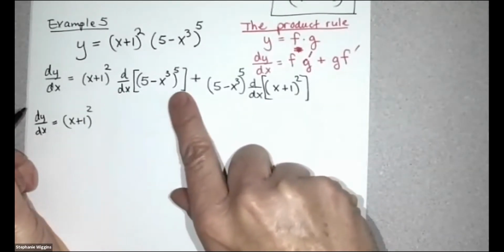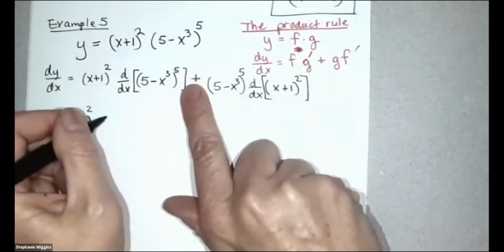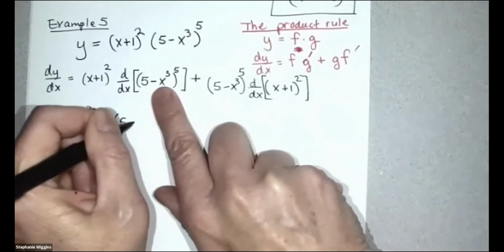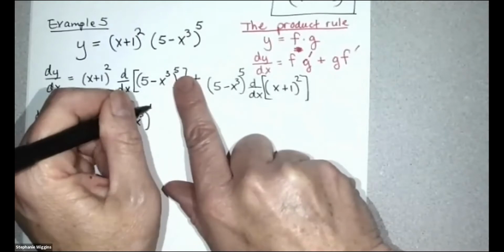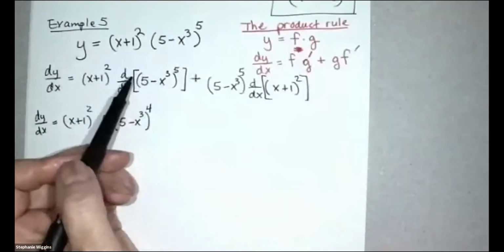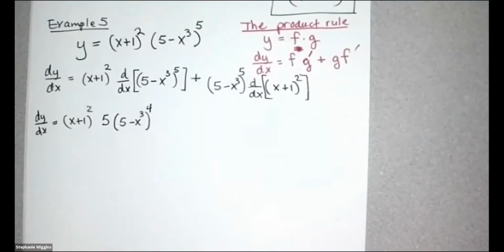Now I'm going to take the derivative of 5 minus x cubed to the 5th power. I bring the 5 out front. I'm applying the power rule. Subtract 1 gives me a 4. And now by the extended power rule or the chain rule, I have to multiply by the derivative of this inside function.